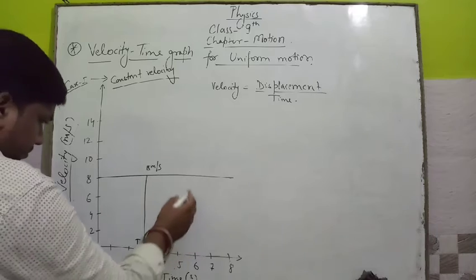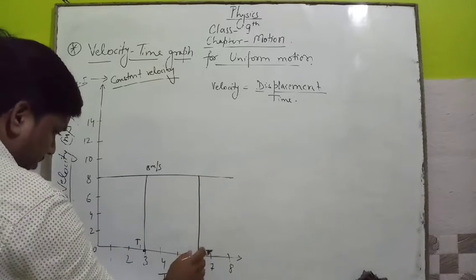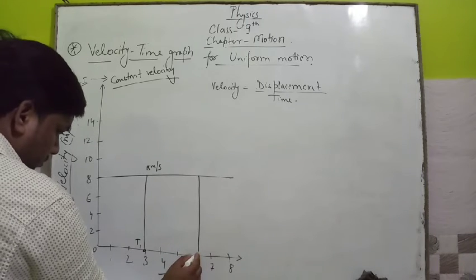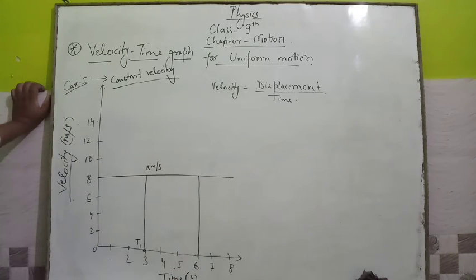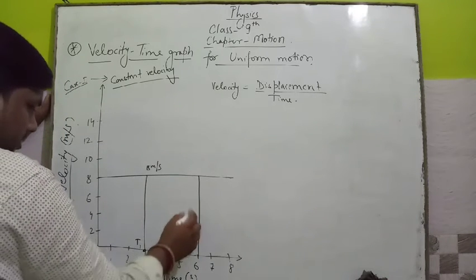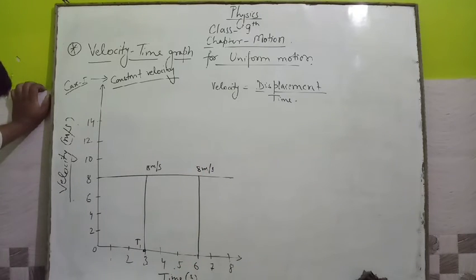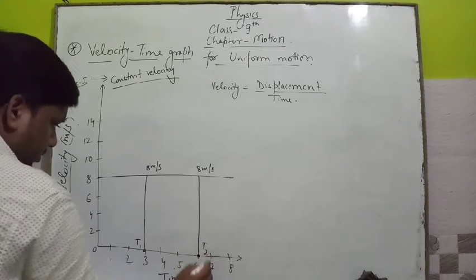Now after some time, suppose after 6 seconds, again the velocity is 8 meter per second. Clear? But this time is t2.